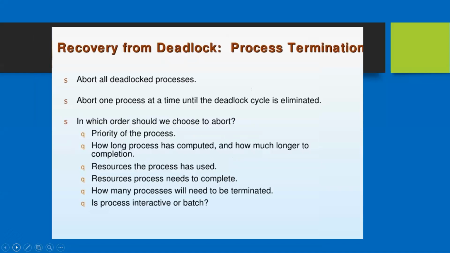Now, if deadlock occurs, there are different strategies to recover from deadlock. Process termination: abort all deadlocked processes, or abort one process at a time until the deadlock is eliminated. That means it is not necessary to terminate all the processes; only the process that is creating the deadlock is removed, one by one. In which order should we choose to abort?